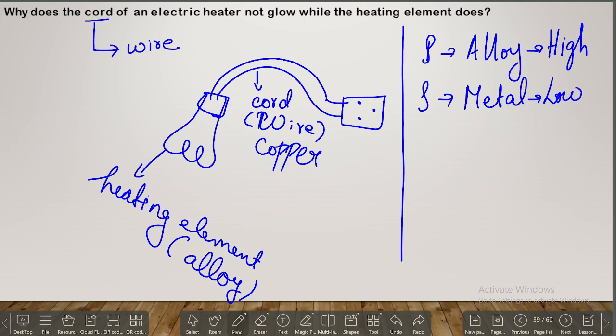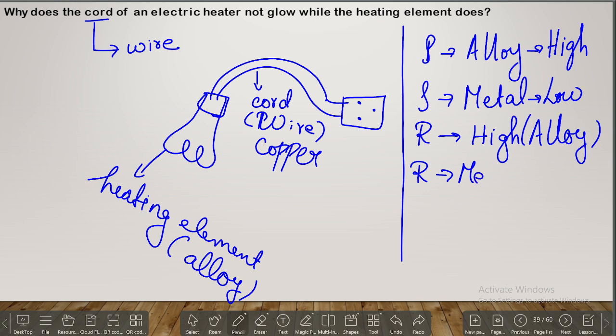Clear? Since the resistivity of alloy is high, the resistance is also going to be high for the alloy, whereas the resistance of metal is going to be low.